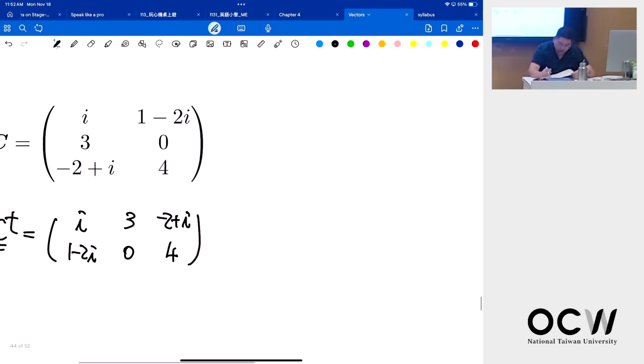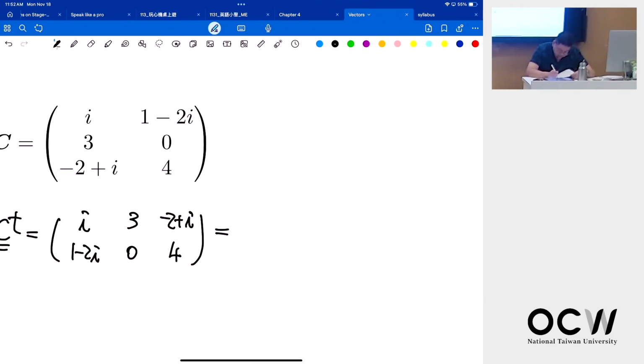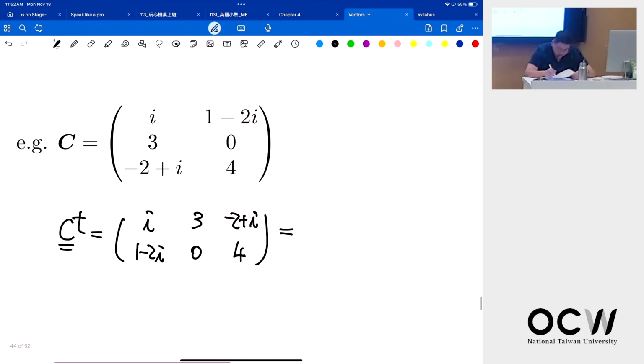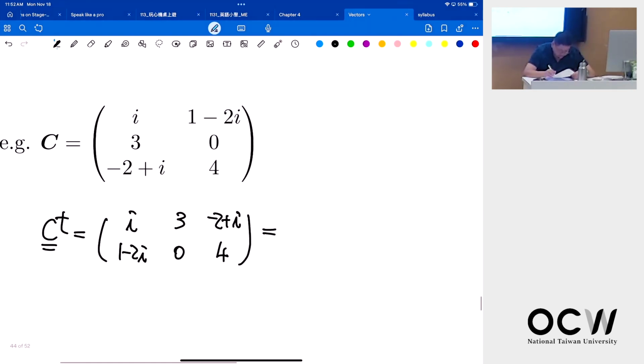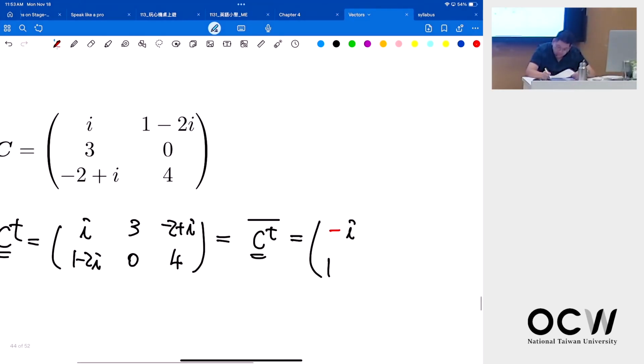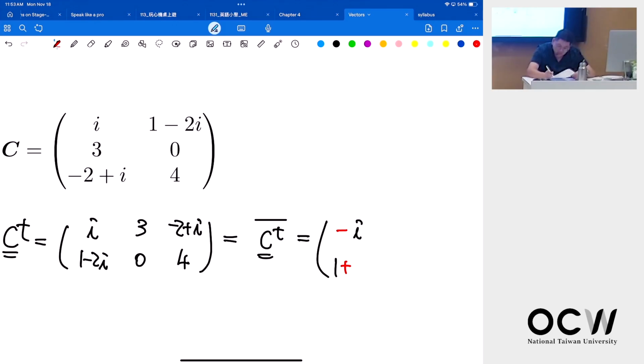Almost done. Let's take the conjugate. So if I conjugate, i becomes minus i. 1 minus 2i will be 1 plus 2i.